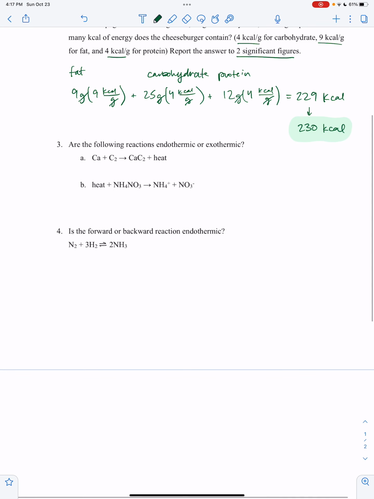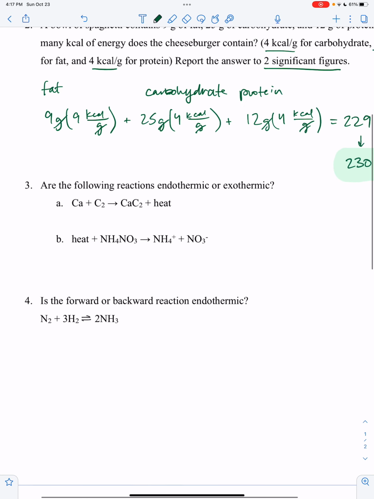It says, are the following reactions endothermic or exothermic? So if we remember, endothermic means absorbing heat. Exothermic is releasing heat. And I always remember this one by, I just think exothermic sounds like exit.